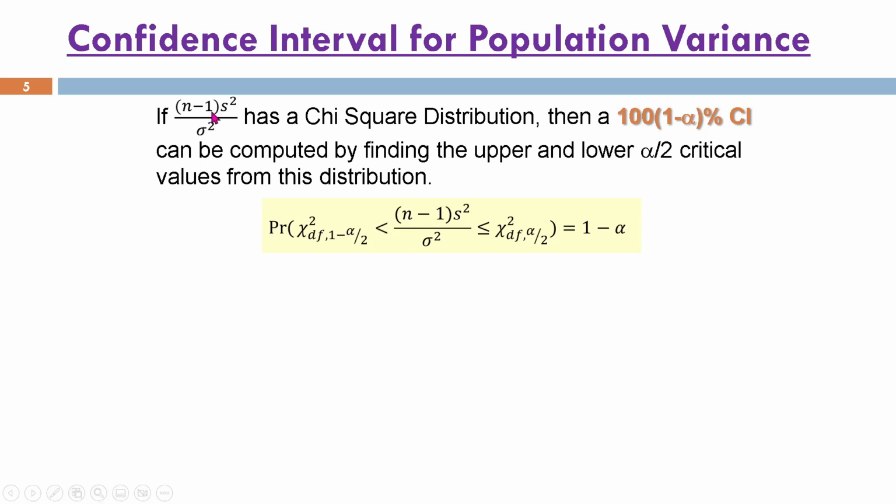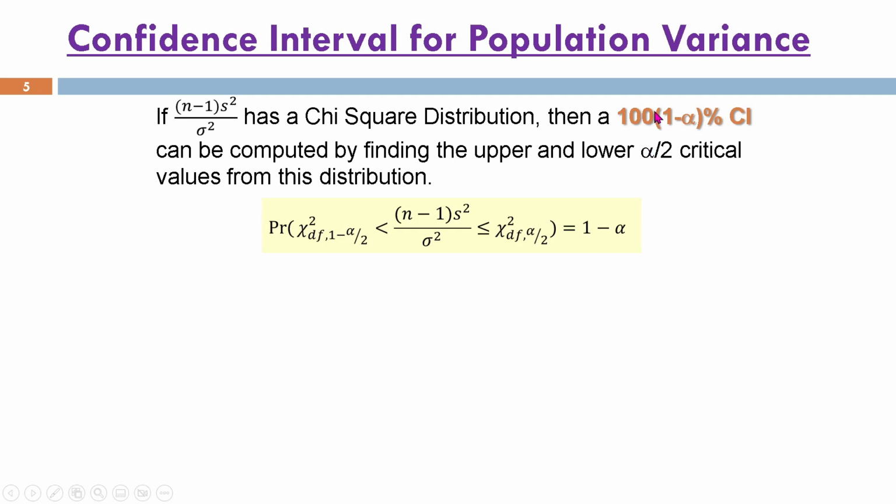If n minus 1 times S squared over sigma squared has a chi-squared distribution, then the confidence interval in percentage will be 1 minus alpha, because alpha is a probability. Given the alpha probability, we are guaranteed that with 1 minus alpha, times 100% confidence, the variance will be inside this confidence interval.